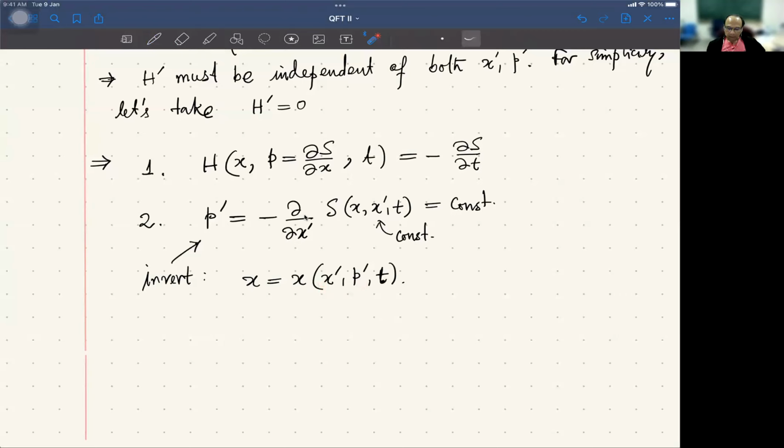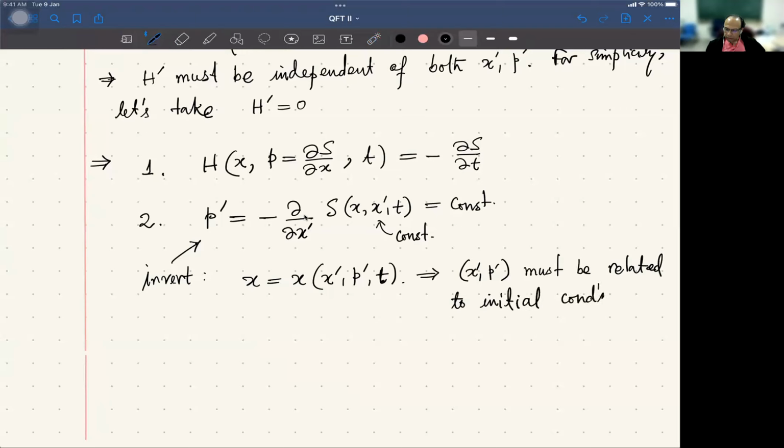Now that pretty much is the structure of the solution of the dynamical problem, because then x prime, p prime must be related to the initial conditions.